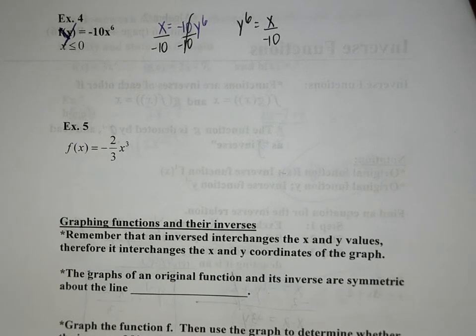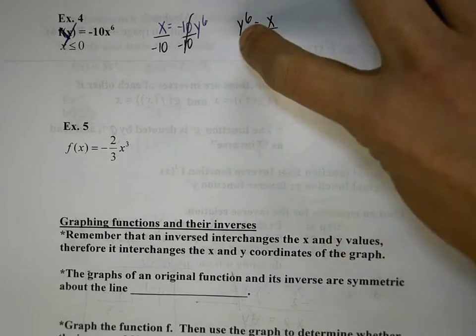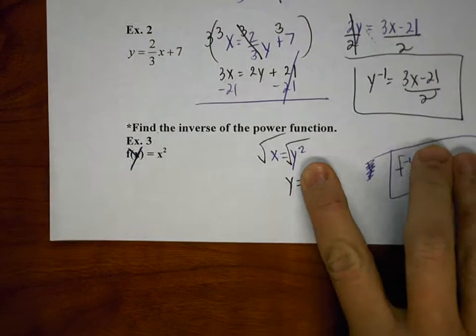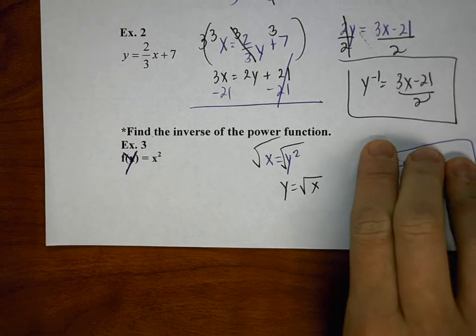So again, I want y by itself, but I have y to the 6th power. How am I going to get y to the 6th power to just be y? Tiffany. So we know if you go backwards, how we had y squared, in order to get it just y, we took the square root.